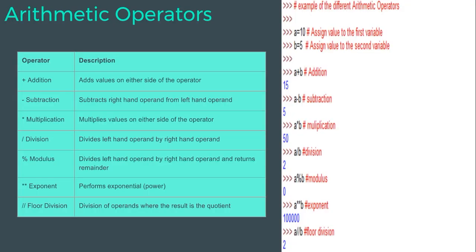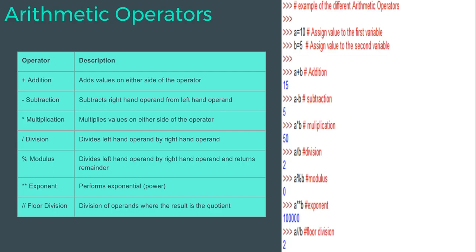First one is the arithmetic operator. Addition, subtraction, multiplication, division, modulus, exponent, and floor division come under arithmetic operators. Now let's take an example of the different arithmetic operators in the IDLE shell.